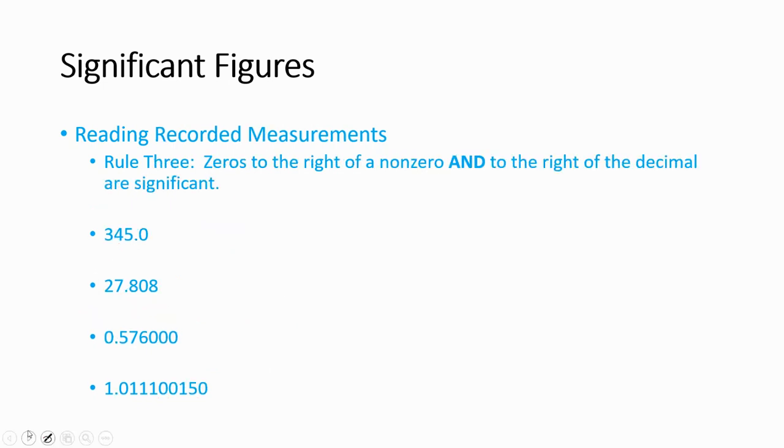Our first two rules are pretty easy, but after that, it starts to get a little bit tricky. The next rule has to do with zeros that show up to the right of a decimal place, but it's even still more complicated than that. Rule 3 says zeros that are to the right of a non-zero and to the right of the decimal are significant.